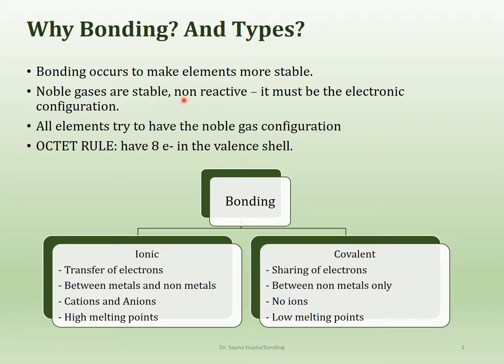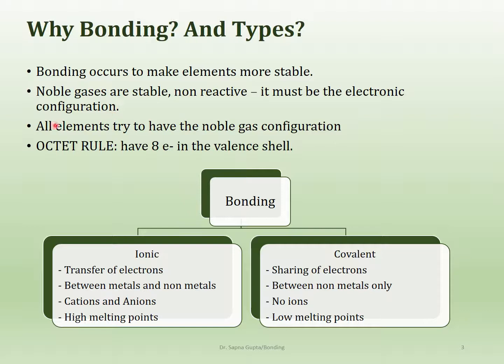So why is this occurring? This occurs because their electronic configuration is quite different. How is it different? Their valence shell is full. So each of the noble gases will end in s2p6, which means that they have 8 electrons in their outermost shell, which is the valence shell. If the valence shell is full, that means any element is going to be stable.